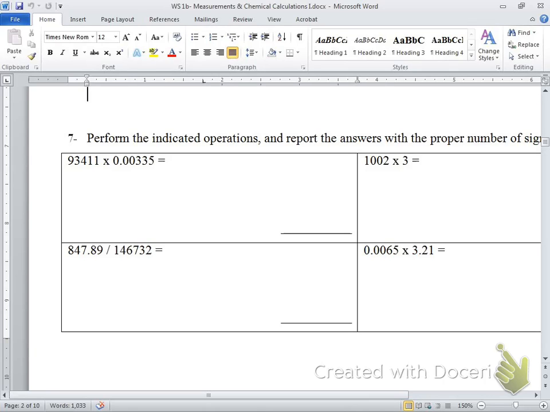Keep, or mark, I'm making a note here because it doesn't always say this, the sig figs that are the same number of digits as the number with the fewest sig figs.